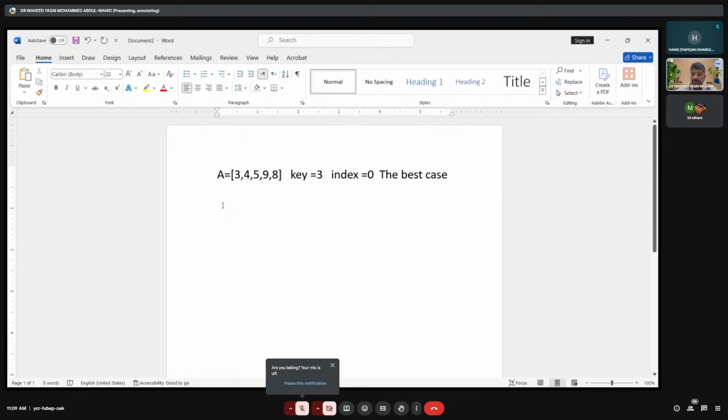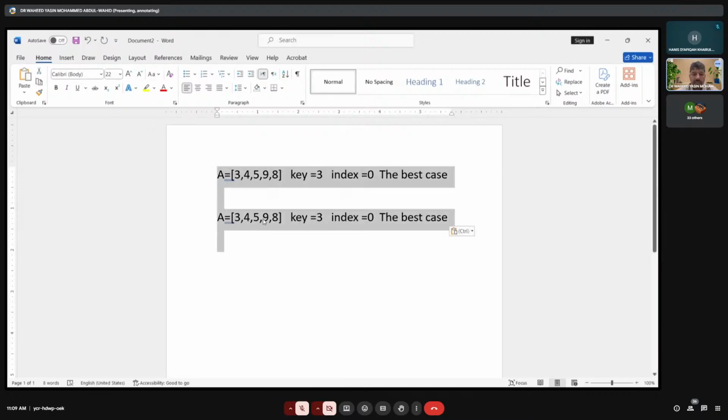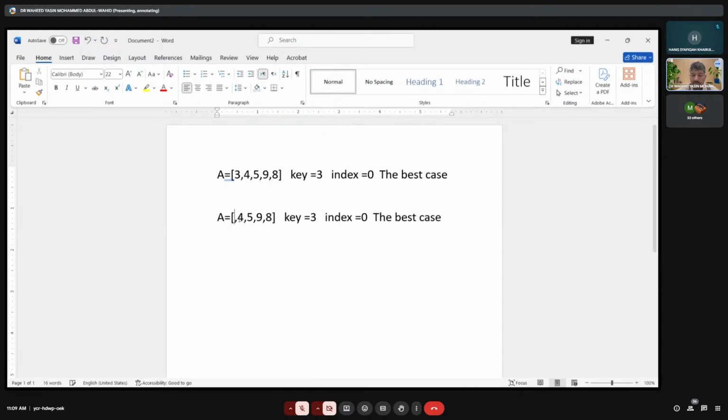If the key is at index 5, this is the worst case, because the key is at the end of the array.